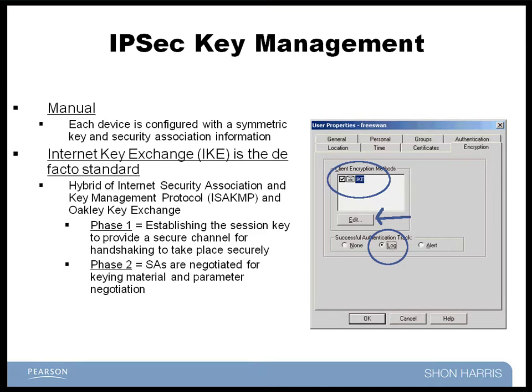The de facto for automating key management in IPsec is through what's used as IKE, or Internet Key Exchange. You could think of an IPsec VPN configured with IKE as being two tunnels, one inside of the other. The first tunnel, or outer tunnel, is negotiated to establish a secure channel inside of which a second handshaking process takes place securely.